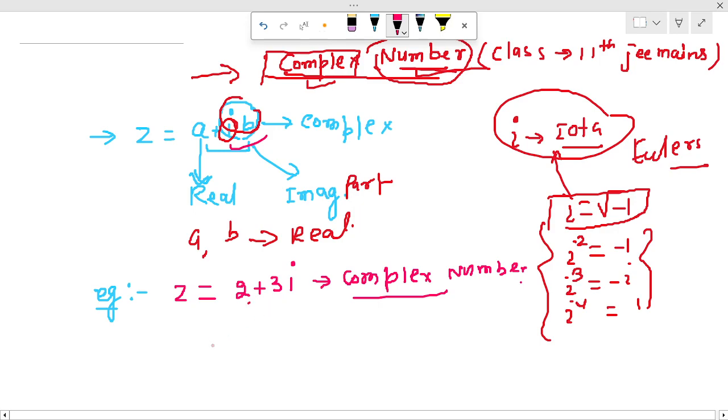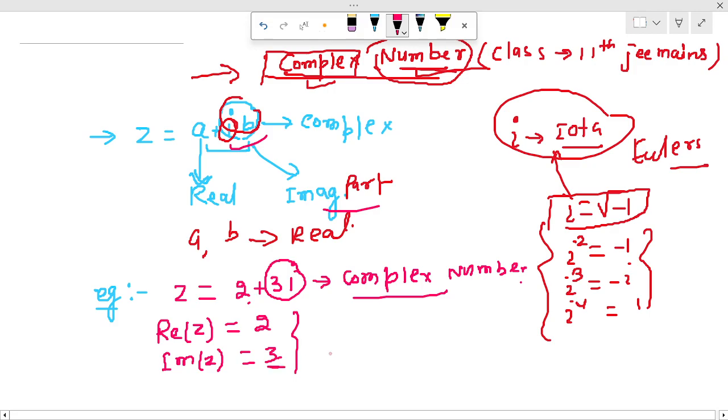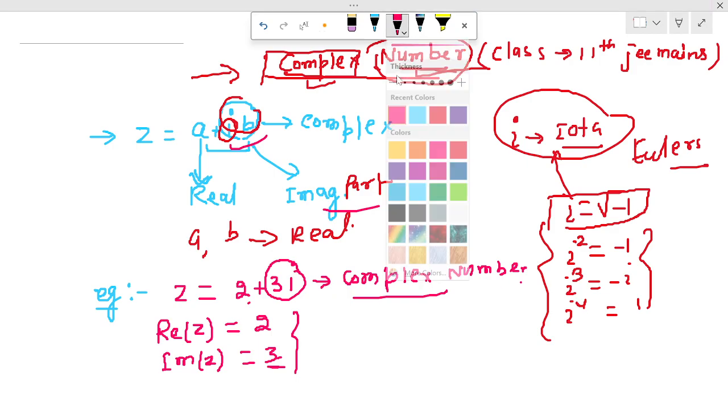Then we find the real part and imaginary part. The real part of z is equal to 2 and the imaginary part of z is equal to 3. Basically, the iota-related part is called the imaginary part, so the imaginary part is 3. Okay, I hope you understand.